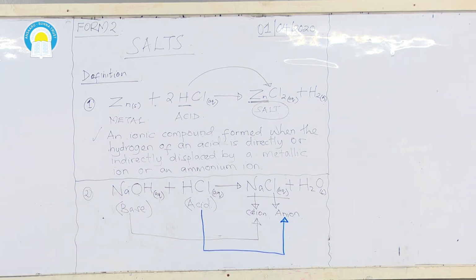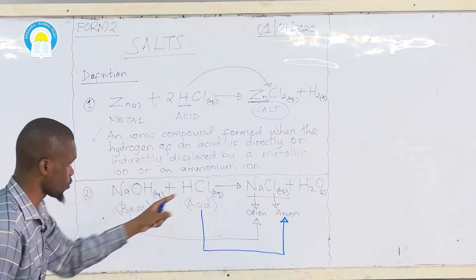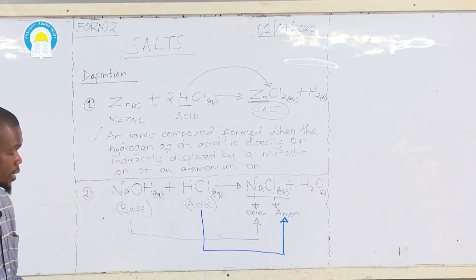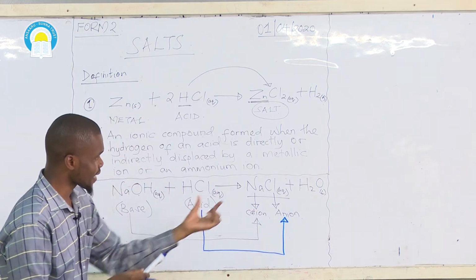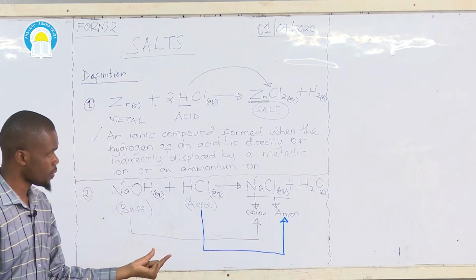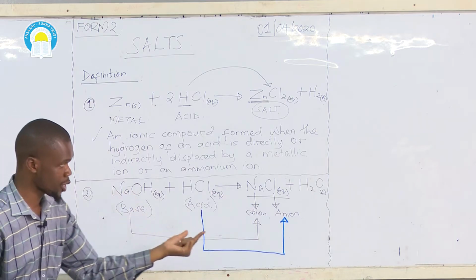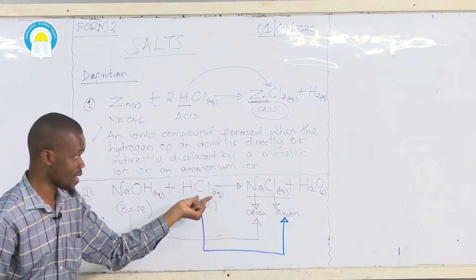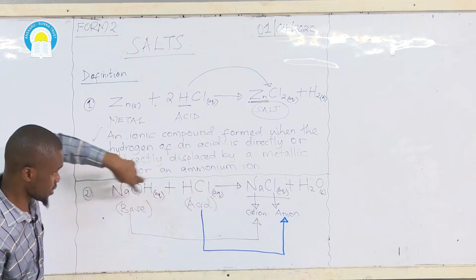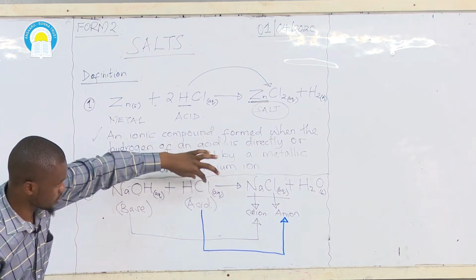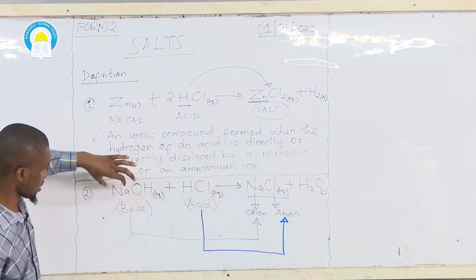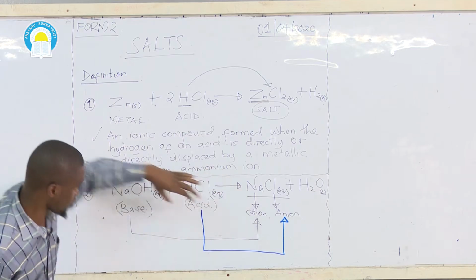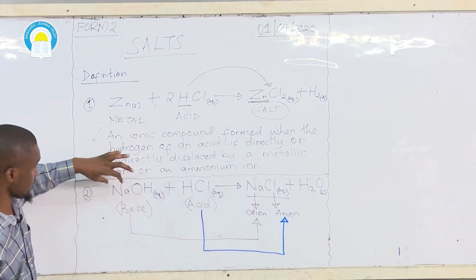So we can conclude by saying that the second equation can help us define a salt as an ionic compound that is formed when the cation from a base combines with the anion from an acid. Because we are seeing the chloride, which is in the salt, originating from the acid. And again, the cation, which is the sodium, originates from the base.